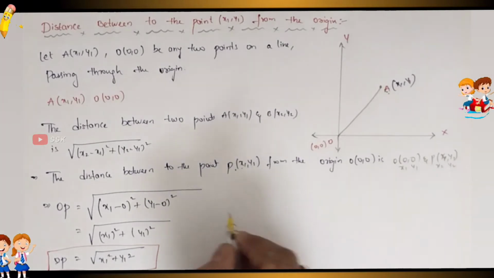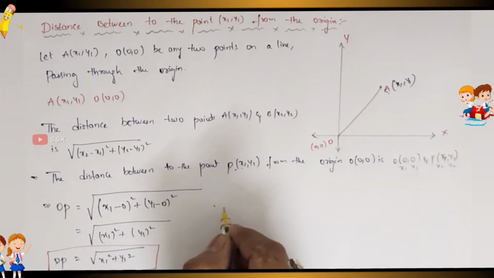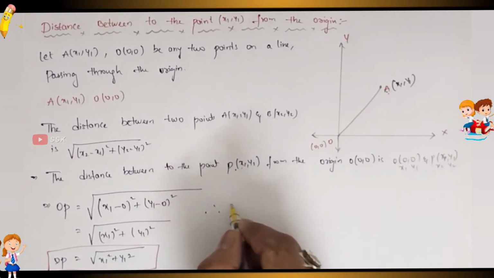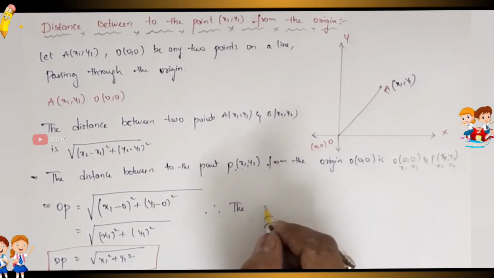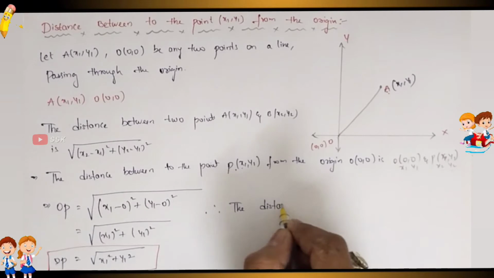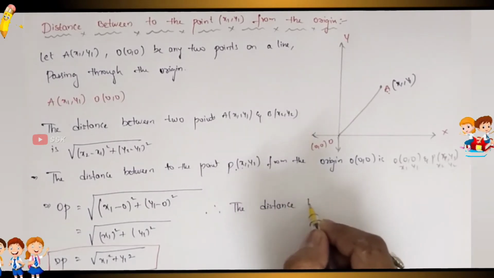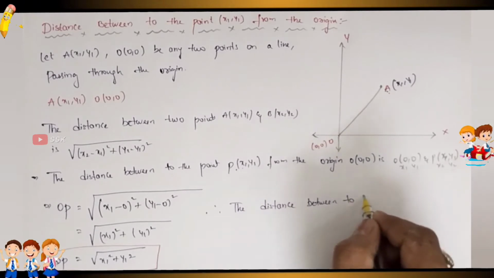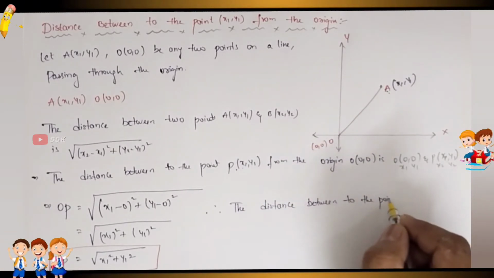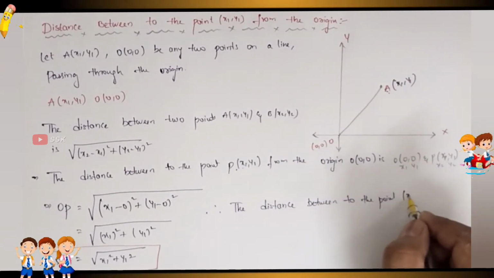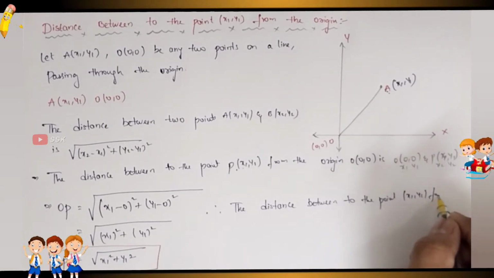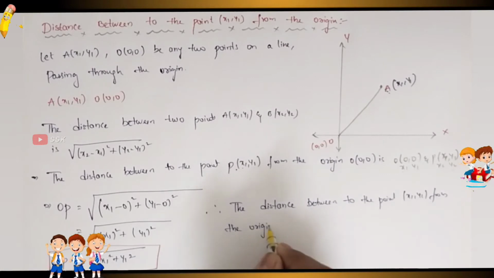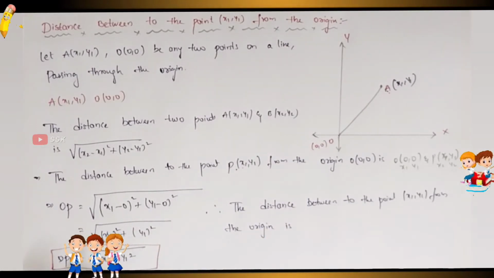Therefore, write down: the distance between the point x1 comma y1 and the origin is, what is the formula?